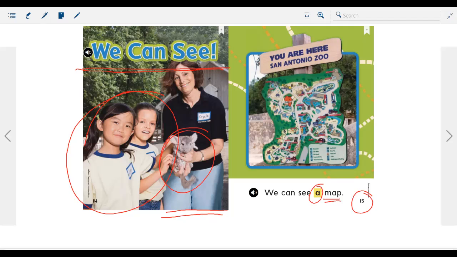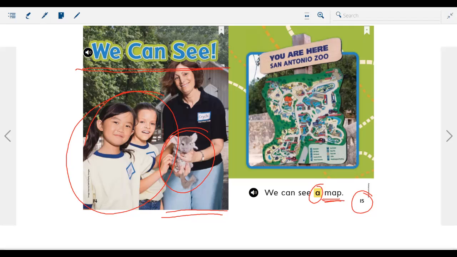So the first sound in that word is mm. And the last letter in map is p, p. So we blend the sounds and we read map. So try to blend those sounds when you're trying to read, okay?